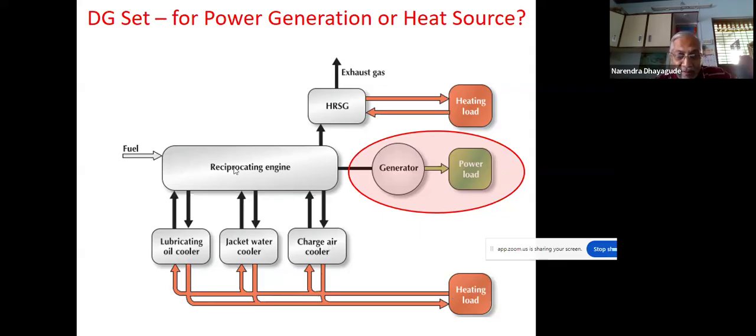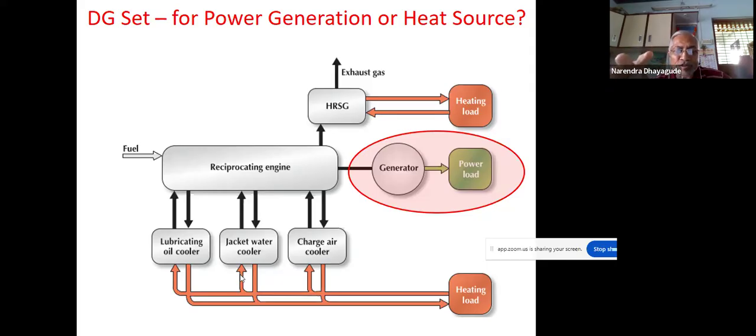And the engine is coupled to a generator. So the generator gives electrical output. So the entire system is, there is input fuel and output in the form of electrical energy plus all these heat energies. Now, can you guess what is the percentage of excess heat in a diesel engine?